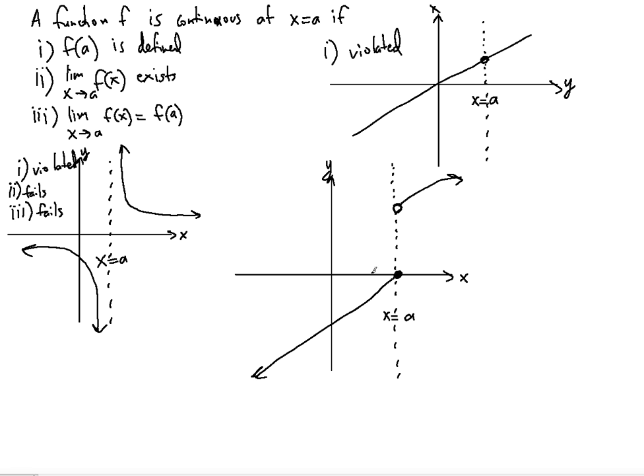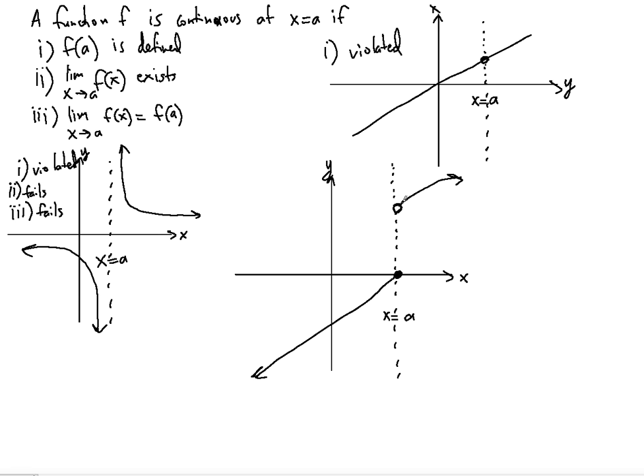So you might say, well, let's see which condition this violates. Okay, so f of a is defined. Is f of a defined? Yes, because this is shaded, so f of a does exist. Now let's see the limit as x approaches a of the function value.